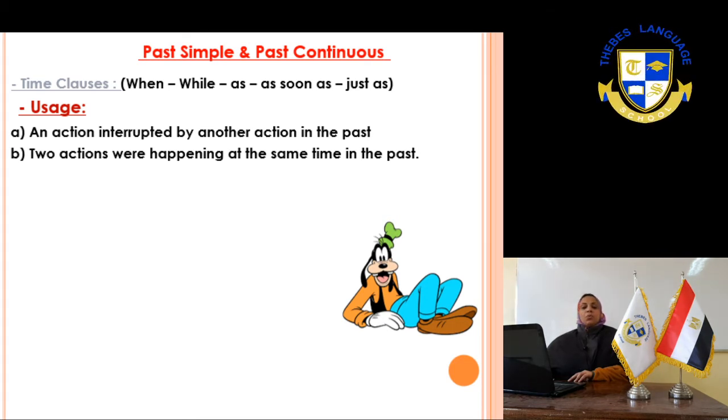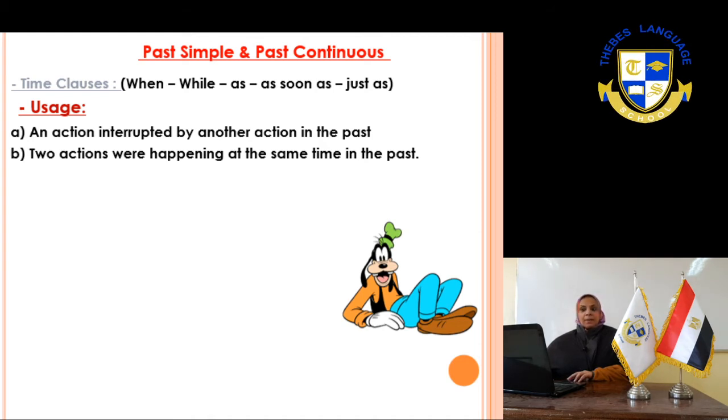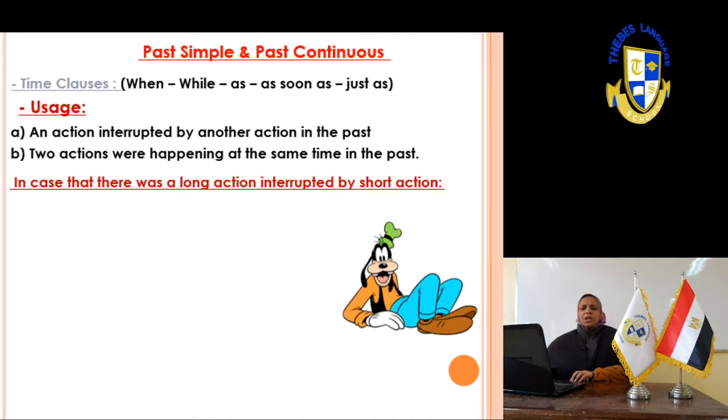Now, what is the usage here? The usage is for an action that is interrupted by another action in the past. A long action is interrupted by a short action in the past, or two actions that were happening at the same time in the past.